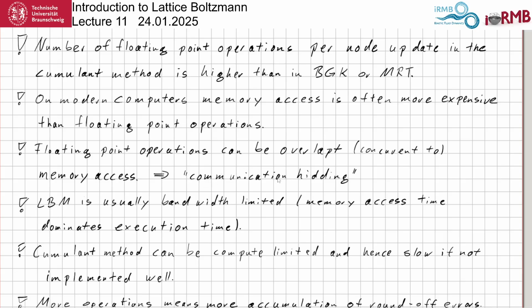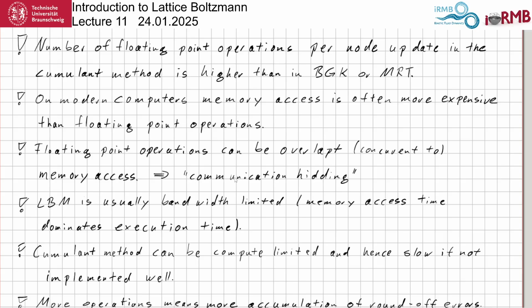But this may require a specific implementation, in particular when we are talking about not only the communication between the processor and the main memory, but also a parallel implementation where you have to communicate with other compute nodes, so over a network.